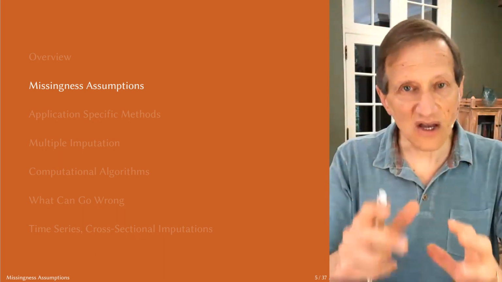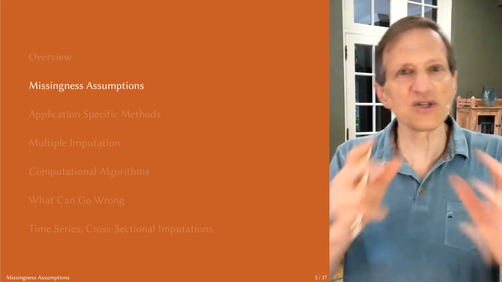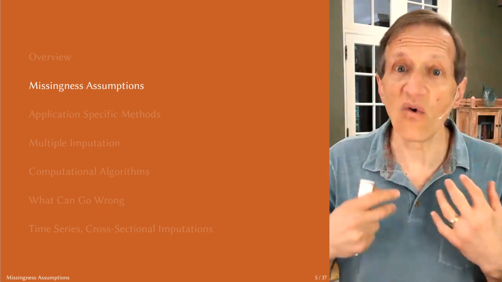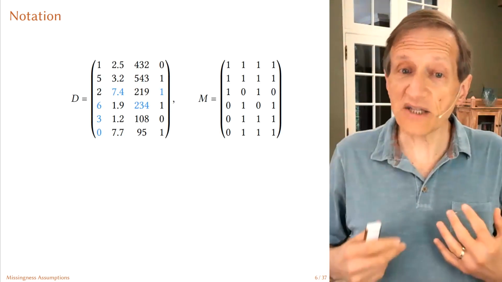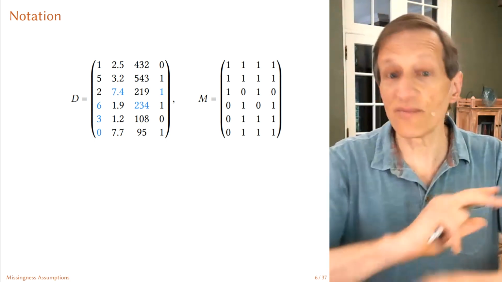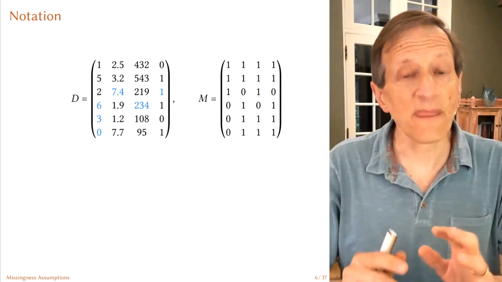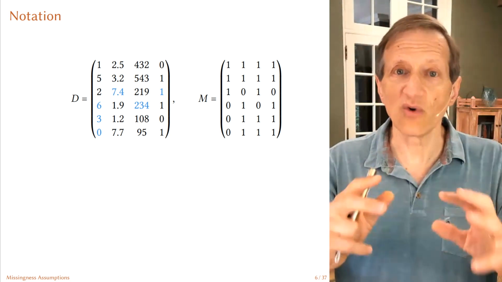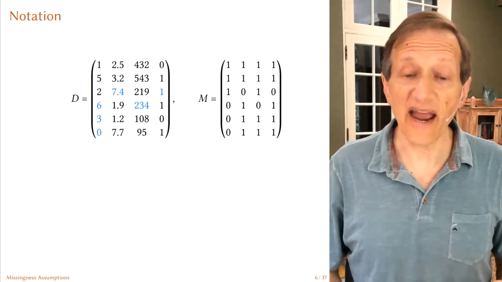These are the assumptions necessary to build certain types of models for missing data in all kinds of statistical analyses. Let's start with some notation. Let's make D our entire data matrix, not the X's, not the Y's, but everything, okay? And let's imagine that all the values of D are there, right?